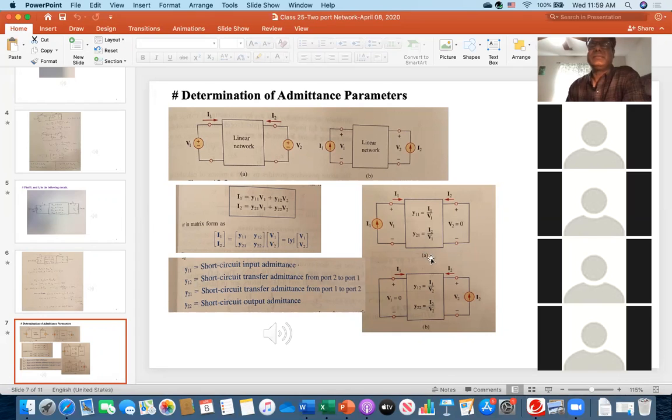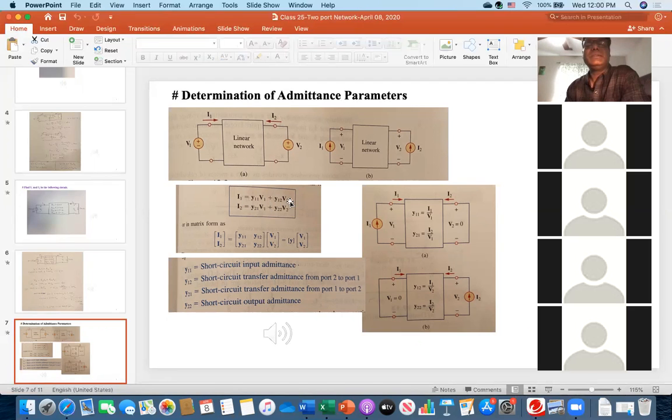Now everybody see the right side diagram, the first diagram. What I did, on the left side there is current source I1, and current is entering, but on the right side I have made a short circuit. Because I have made a short circuit, this means voltage V2 is 0. And because voltage V2 is 0, this means current I2 is entering this time. Now everybody look at the original equations.